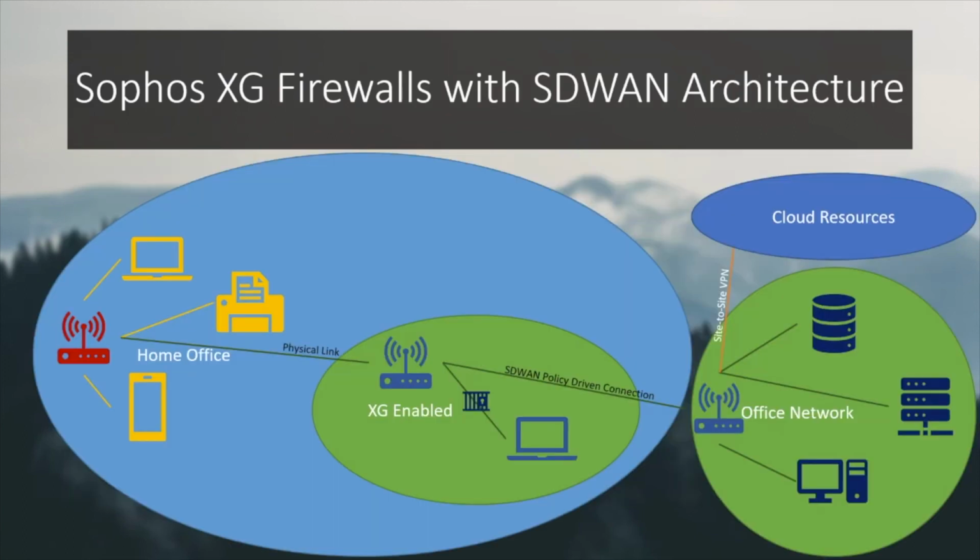So I think it's very beneficial to talk about the architecture and to show it as we're discussing. In the middle here, we've got the XG-enabled bubble inside of the home office. Your home office is typically some third-party gateway, some third-party router, with your personal devices, your personal printers, your cell phone at home.